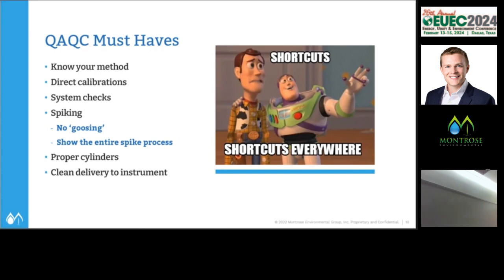But as a validator, we validate a lot of external data from companies that are doing FTIR testing. There's a lot of things that we see that we kind of want to eliminate from the industry. And one of the big ones in spiking, it's one of the hardest pieces of QA/QC to pass in FTIR world, but we call it goosing.